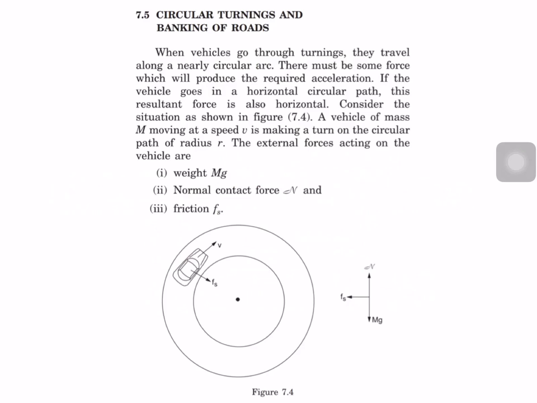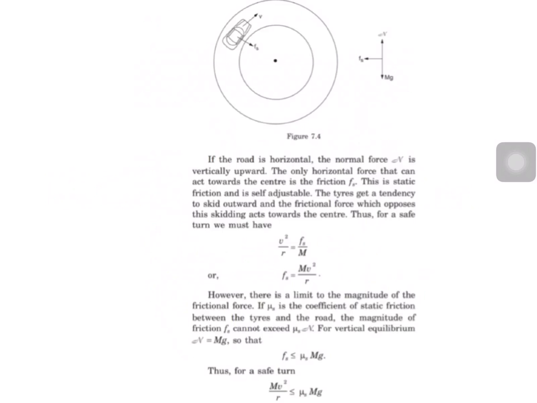So from the diagram you can see the weight is acting downwards, and the opposite force, according to Newton's third law, every action has an equal and opposite reaction. So the normal force acts vertically upward, and the static friction acts only horizontally.